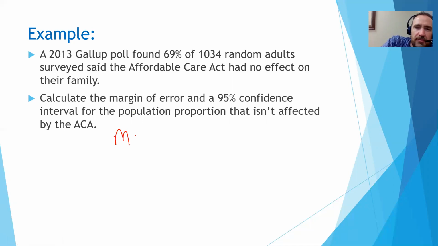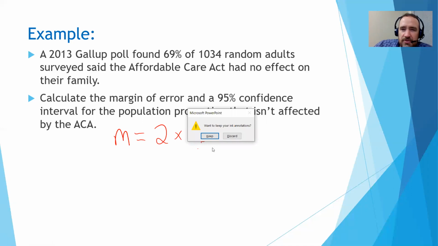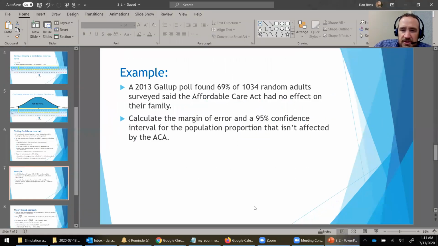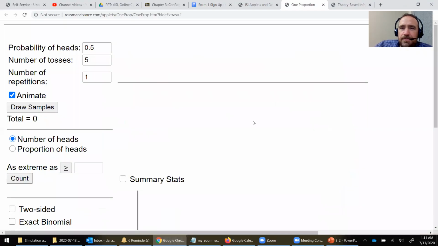I'll just call it M, and we can approximate M with 2 times SD, and that means we need to find SD, the standard deviation of the null distribution. So the way we can do that with a simulation-based approach is to simulate the null distribution and then find the standard deviation of it.